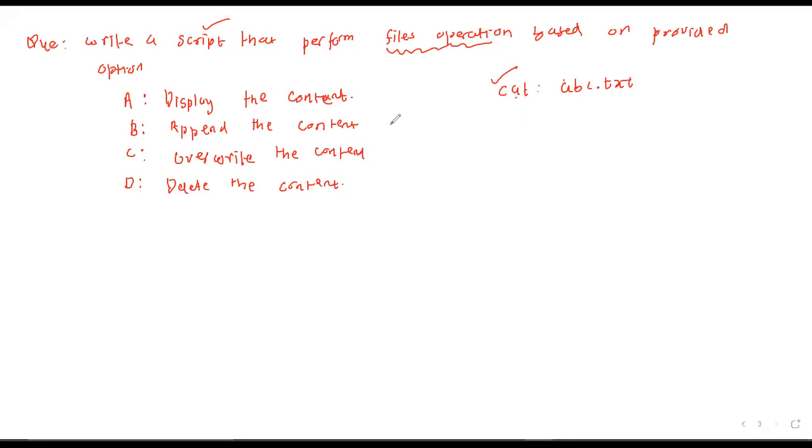Okay. Then in order to append the content, what do we do? Here we use this symbol, double redirection, and we write abc.txt.